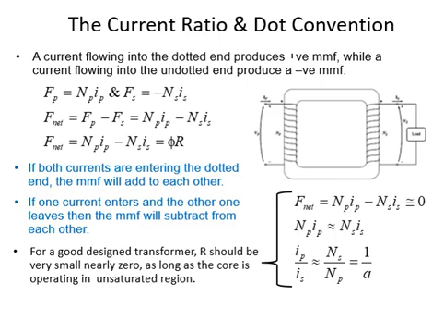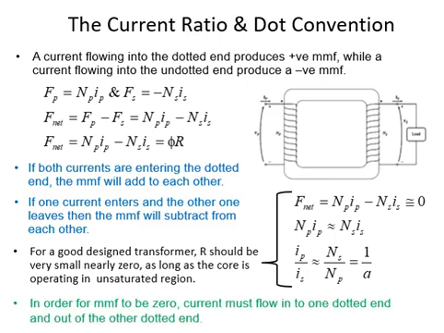So we can also calculate A. In order for MMF to be 0, current must flow into one dotted end and out of the other dotted end.